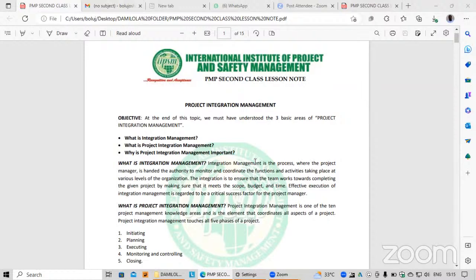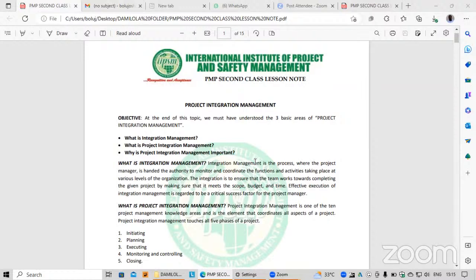Now, what are the 4 project constraints in every project? We have the scope of that project, we have the schedule, which is the time of that project, we also have the cost of that project, and we have quality. Now, these 4 elements I've just mentioned are part of the knowledge areas, but the reason why we single them out and name them 4 project constraints is because of their influence on any project.